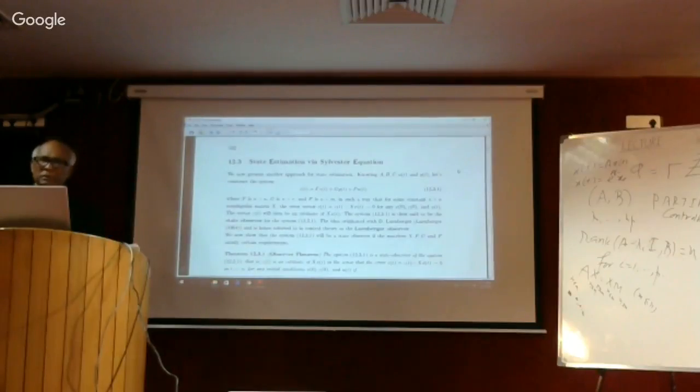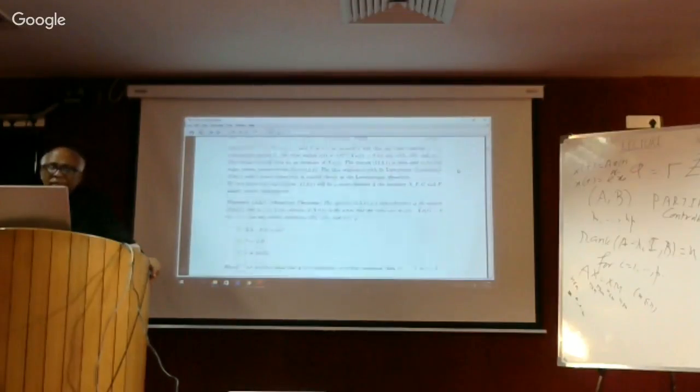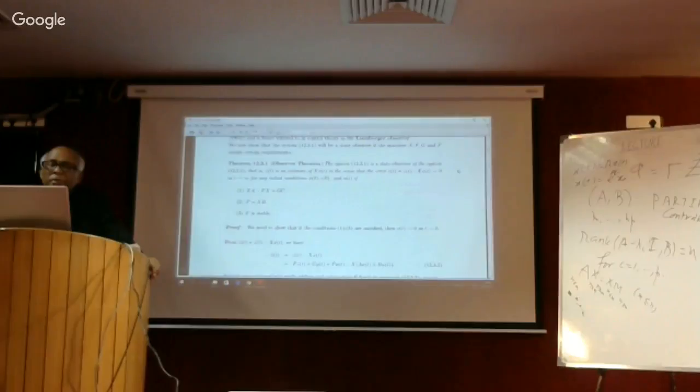So the whole thing is how to compute that, and how to construct the solution of the Sylvester observer equation. If you can choose F as a diagonal matrix or a triangular matrix with known stable eigenvalues, the problem is how to choose the matrix X such that XA minus FX is.